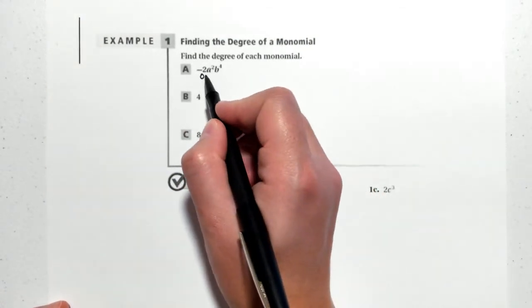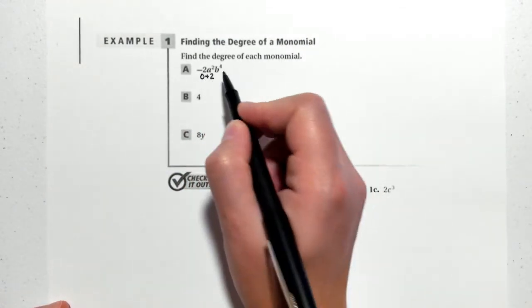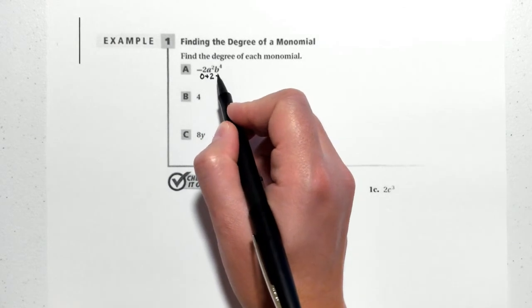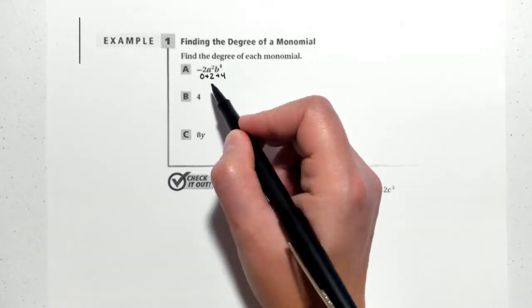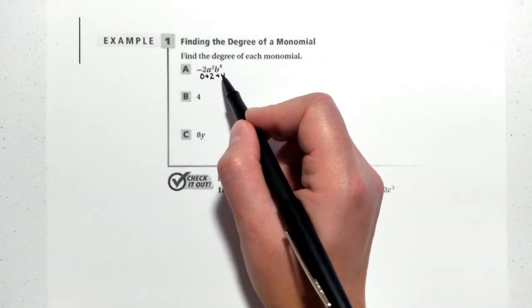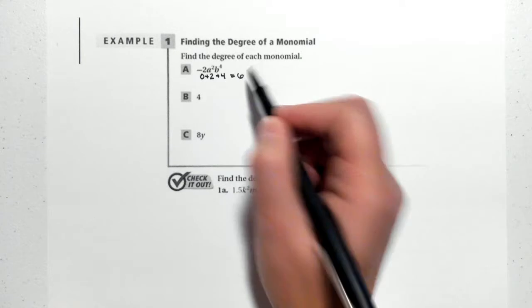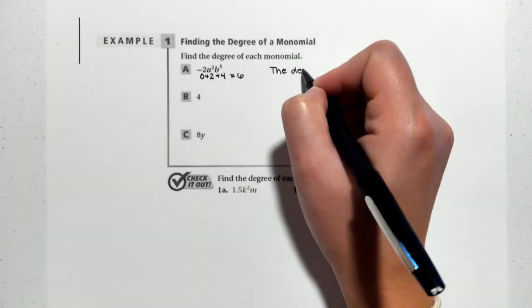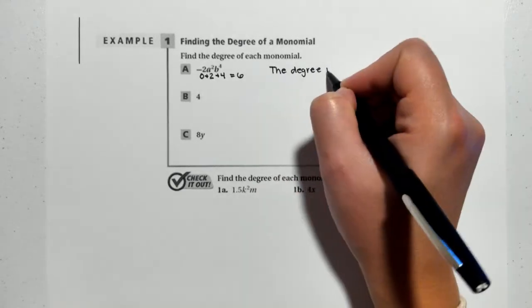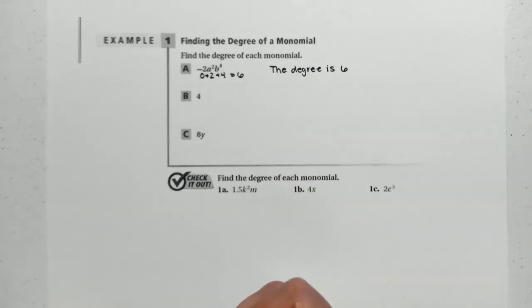A to the second, degree of 2, because the exponent's 2. B to the fourth, the exponent is 4, so that is the degree. And then to get the degree of the monomial, I add 0, 2, and 4 together to get 6. So the degree for the monomial is 6.